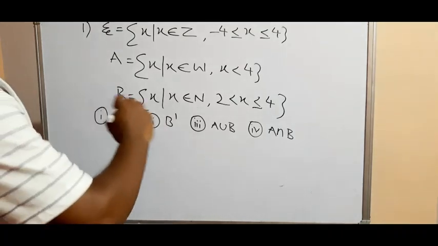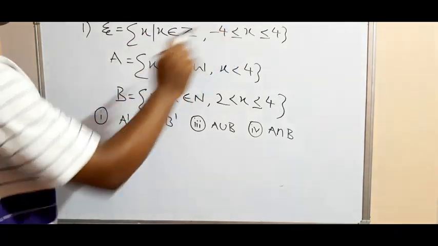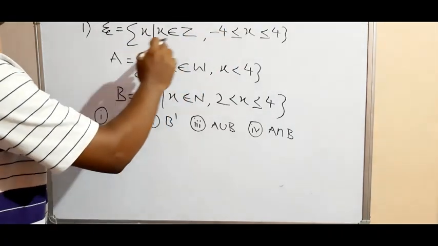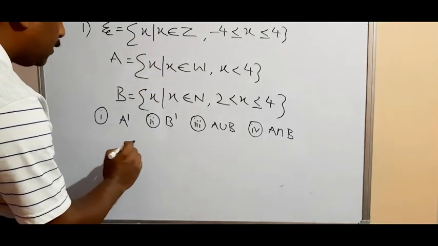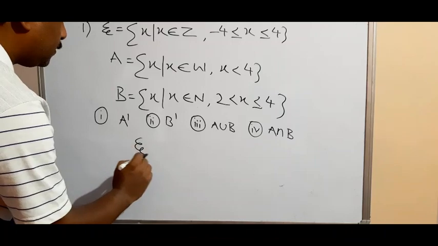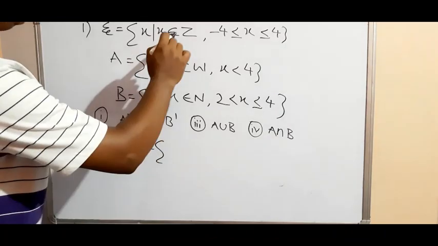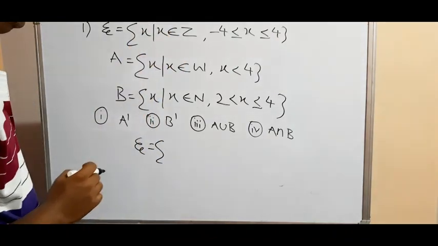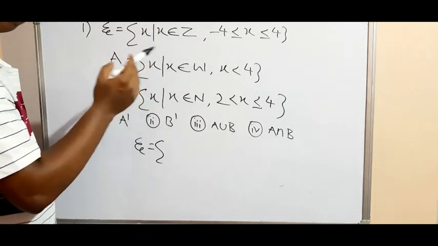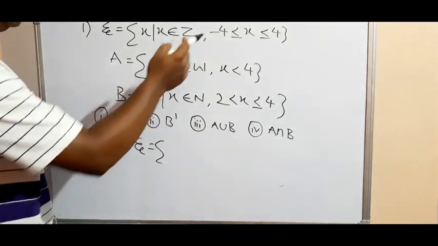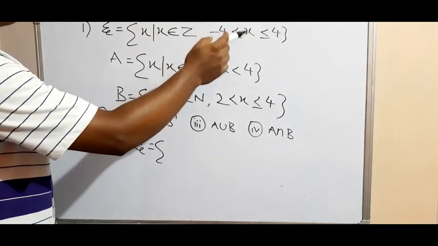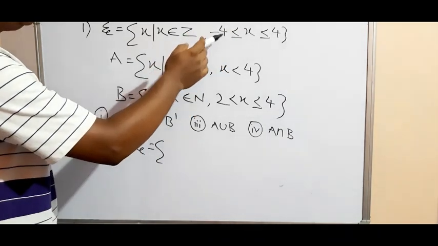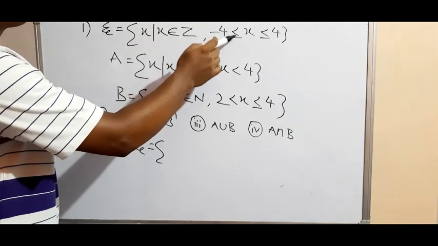First we have to find the universal set, all the elements. It is given in set builder form, so we have to find the elements. So for the universal set, write the elements. The value is given: x belongs to Z. Z means integers, maybe positive, maybe negative, and the range is given: minus 4 less than or equal to x less than or equal to 4. That means minus 4 is also included because equal is given.